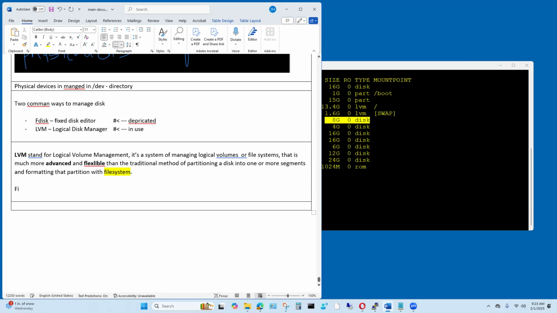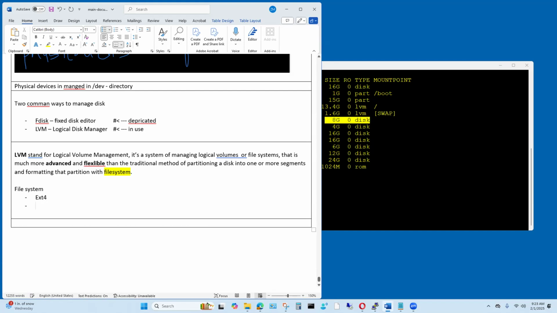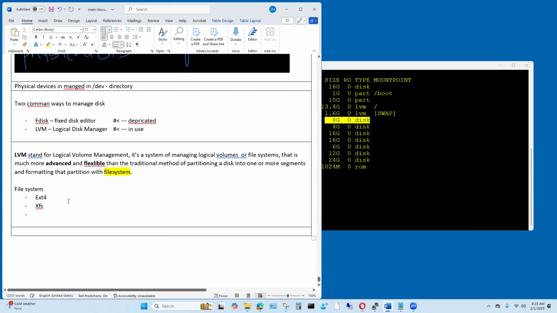The commonly used file systems in a Linux environment are ext4 and XFS. ext4 was common, but it's being reduced; it has reduced use now.